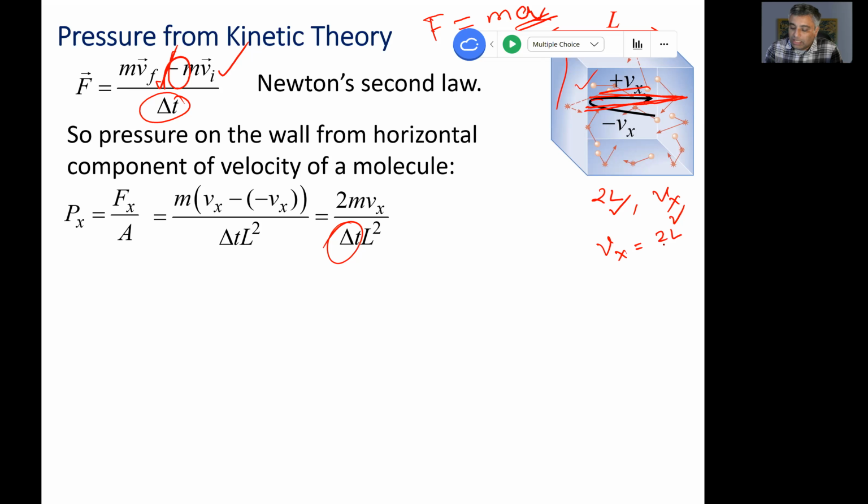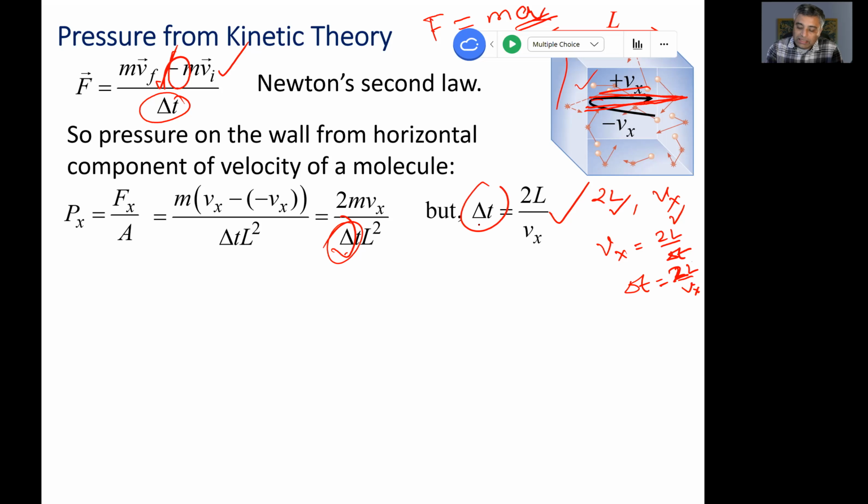Vx is 2L over delta T. So if we like, we can get rid of this delta T by writing delta T as 2L over Vx. So we can do that. Okay, so delta T is there.